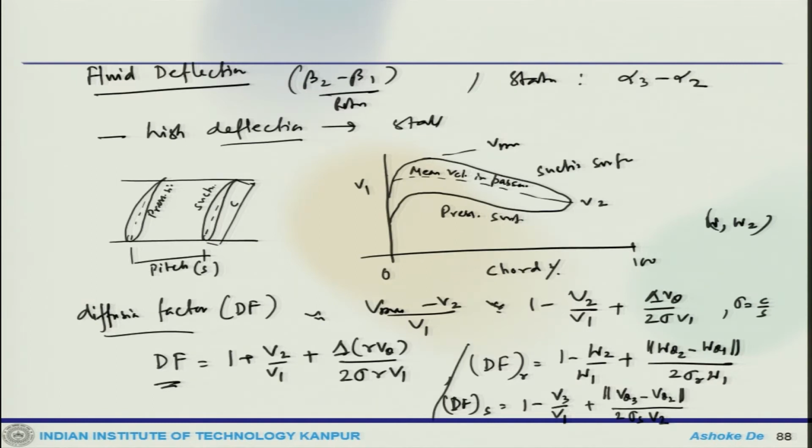So, these are the two diffusion factors, the way they are defined for the rotor and stator, and that can be used. Okay.